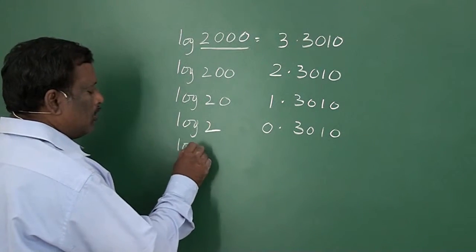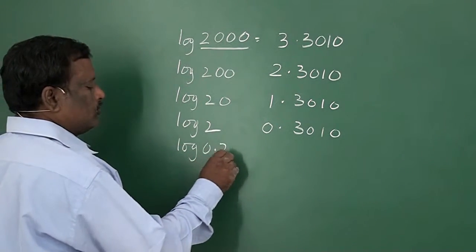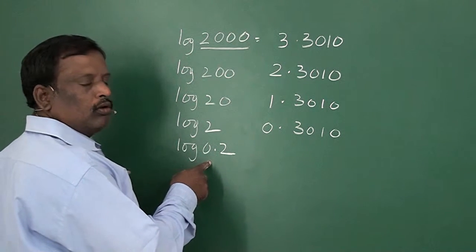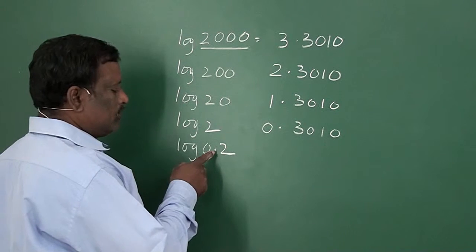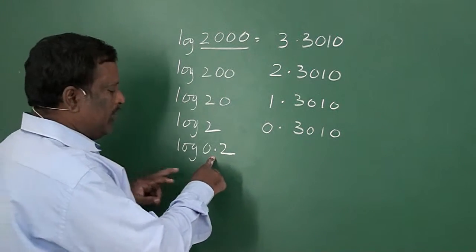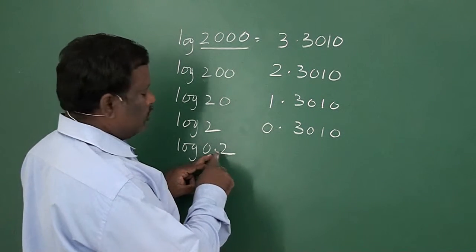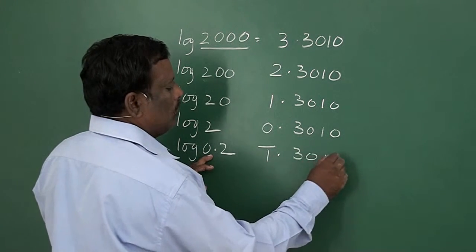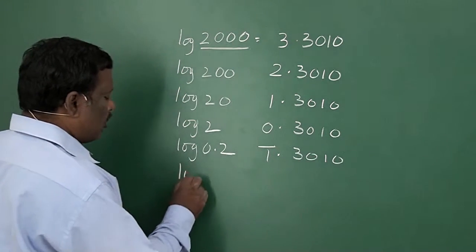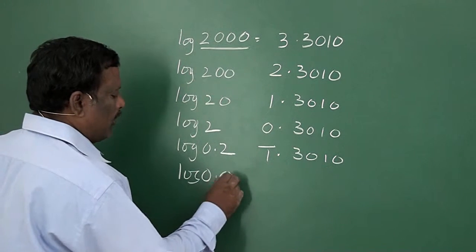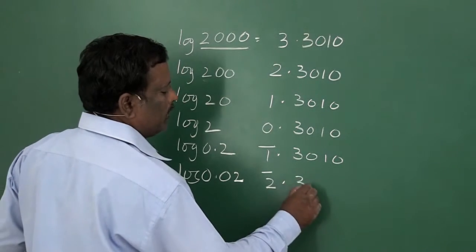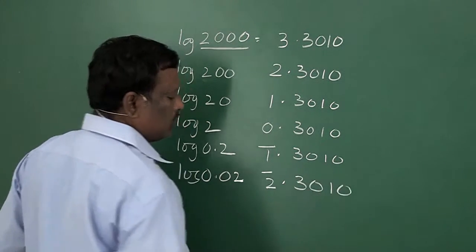And log 0.2: there is no numerical before this decimal. After the decimal, immediately you have a numerical. So since it has bar 1, it is bar 1.3010. If it is log 0.02, then it will become bar 2.3010.